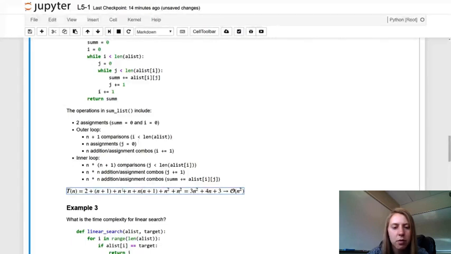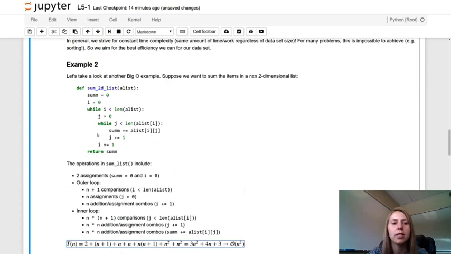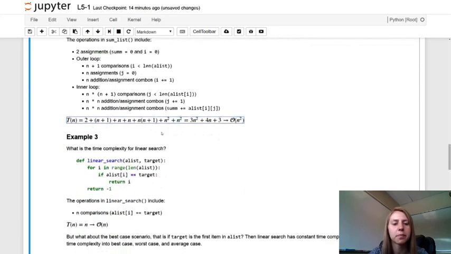We have n, 2n, 3n, 4n, and 2 plus 1 is 3. So we have 3n squared plus 4n plus 3. So our big O of this growth rate function here is n squared. So this is a quadratic time complexity algorithm.